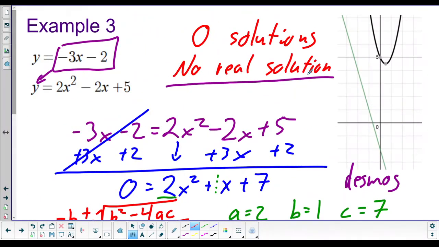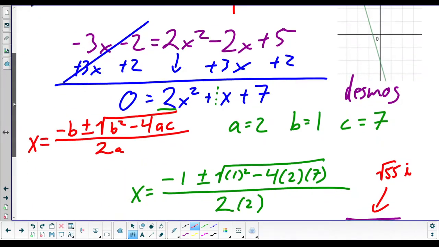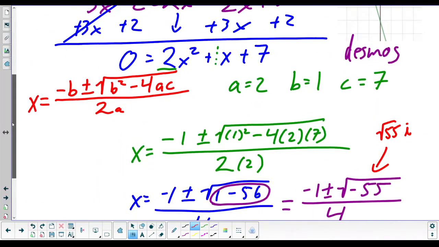No real solution. That word is a math word. It's not just a flavorful word. There's not a real solution. That's not what real means in math. Real is a group of numbers, right? There are another group of numbers called imaginary.